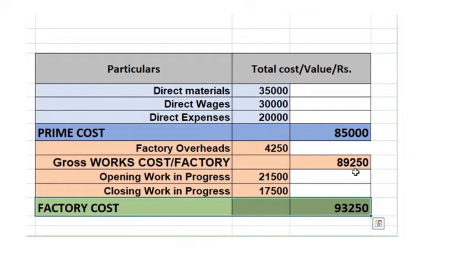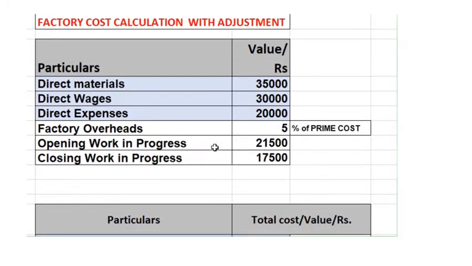So 89,250 plus 21,500 minus 17,500, you get 93,250. So now the factory cost is calculated. So we have seen the calculation till factory cost. So this is how you have to deal with opening work in progress.